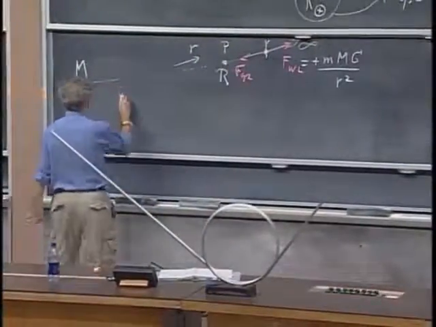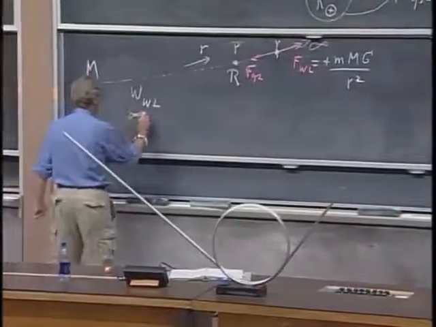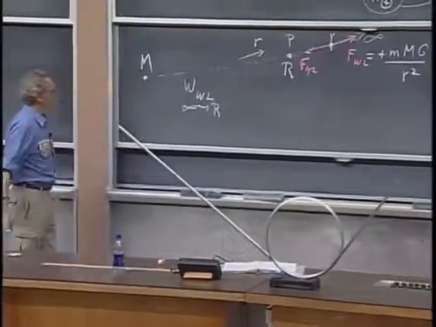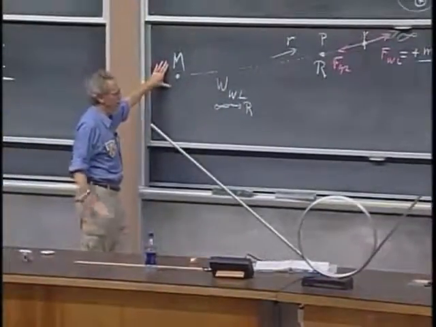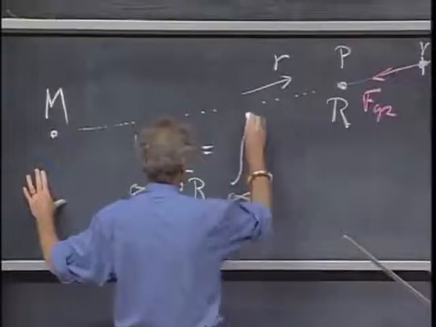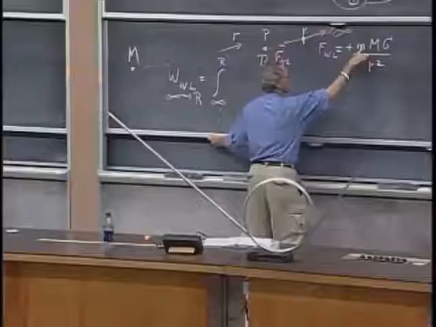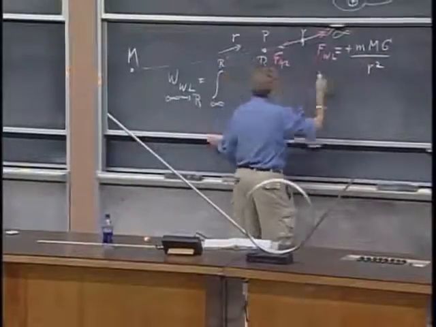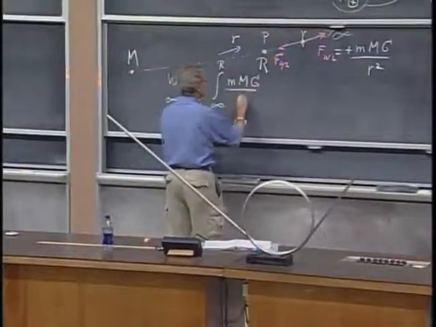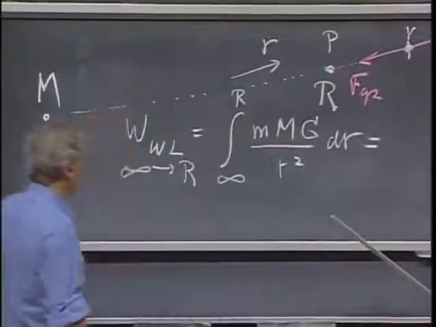So here comes the work that Walter Lewin has to do when we go from infinity to that point, which is capital R, radius from this object. Think of it as the sun or the earth, either one is fine. So that is the integral going from infinity to R of my force, which is plus, because it's an increasing value of R, mMg divided by R squared, dr. That's a very easy integral.